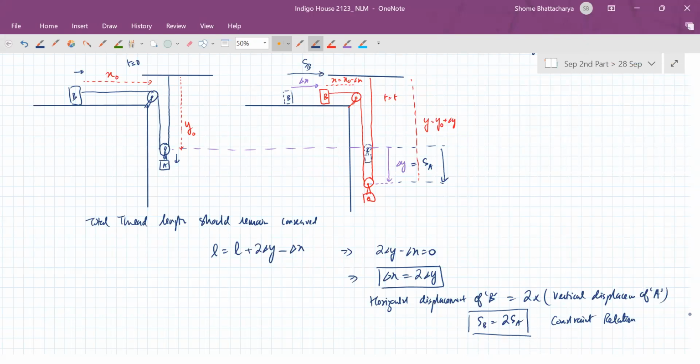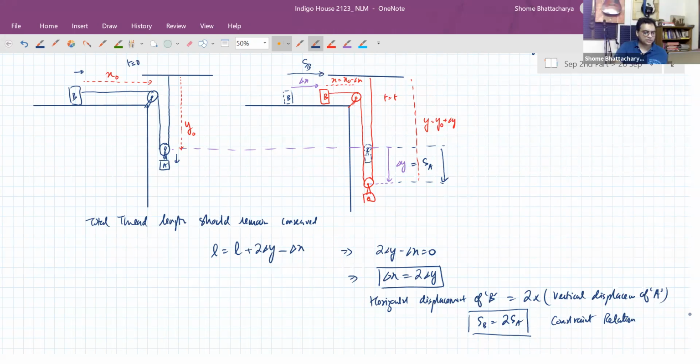What you have written after L plus 2 delta y minus delta x.